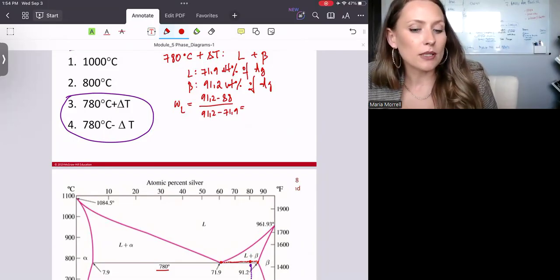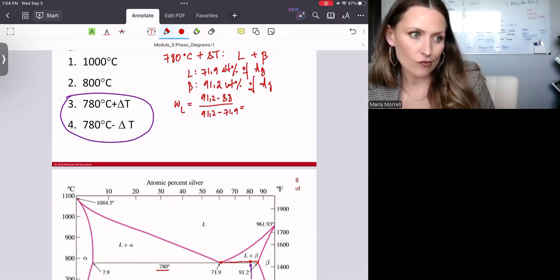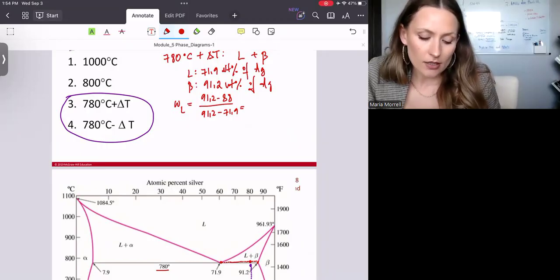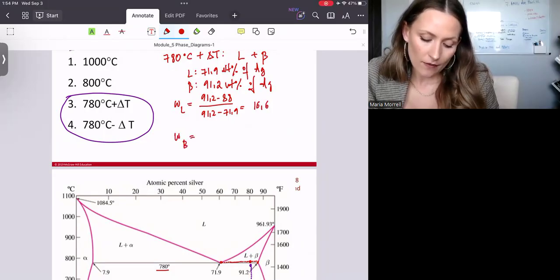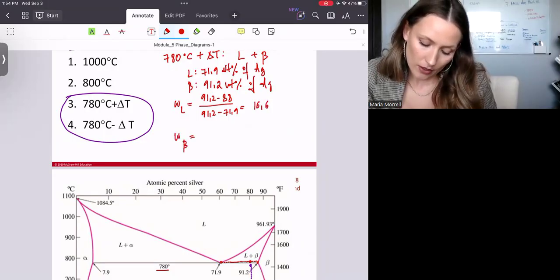If I complete the math, the answer is 16.6. That means that for the beta, I will have the following numbers. I'm now looking at the opposite side.